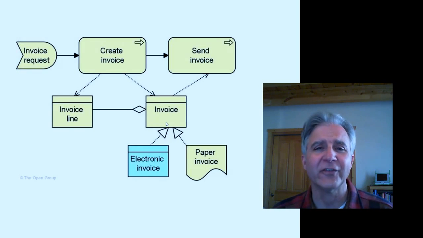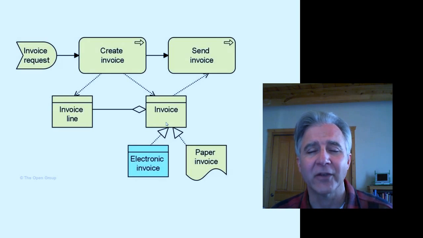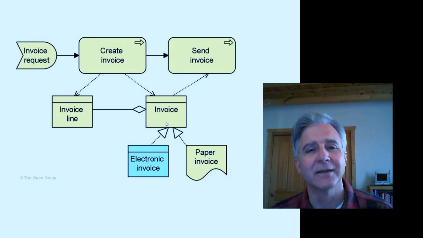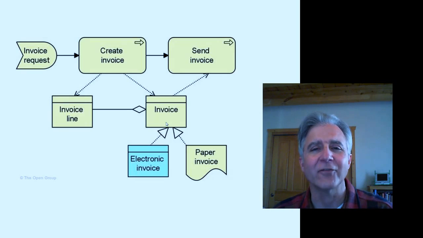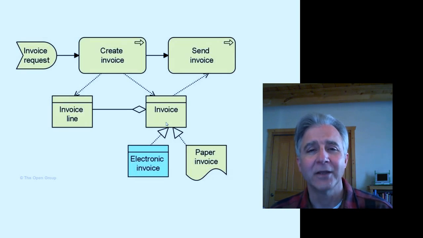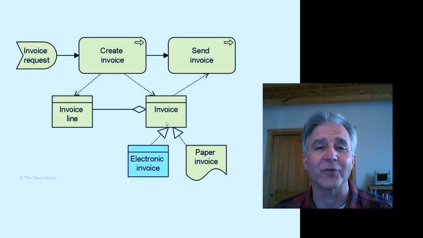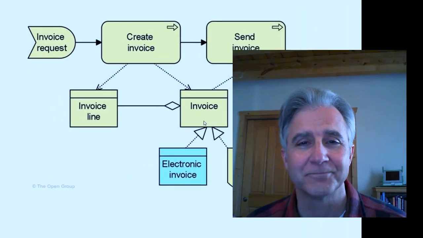And of course, this is just the tip of the iceberg, because there are many more details about the business software architecture that you're going to have to capture and convey. But by starting with the business objects and the business processes, you'll be able to convey the necessary information about the business software to both the business owners of the software and to the developers that create the business software.